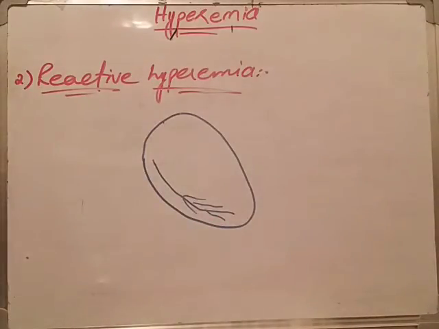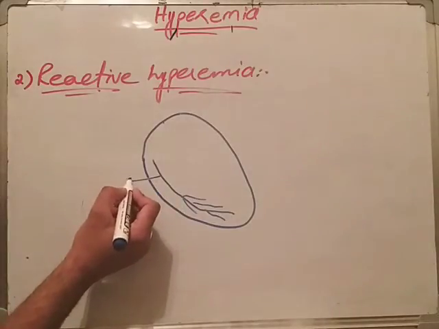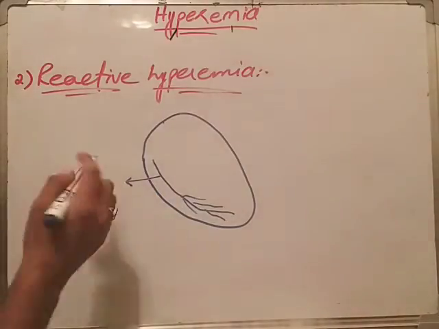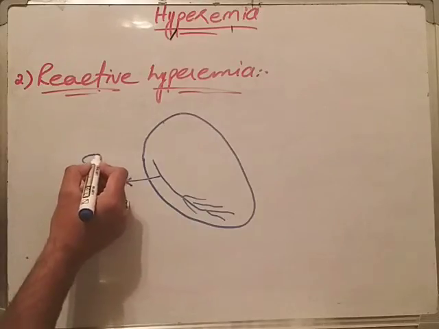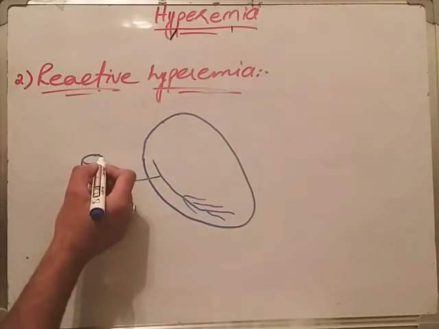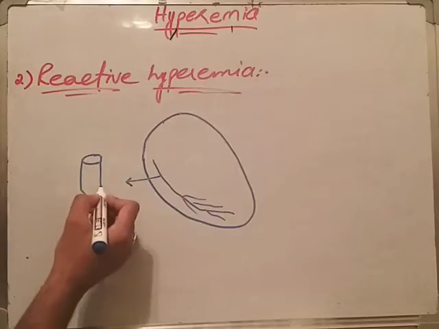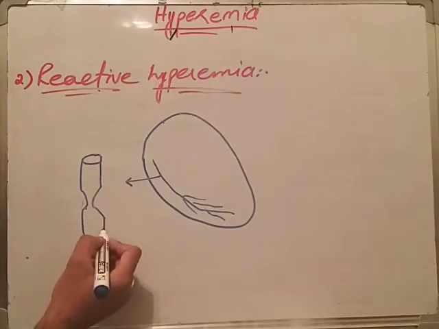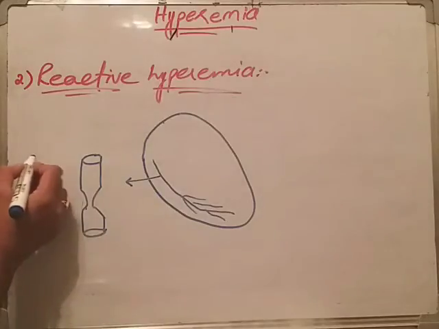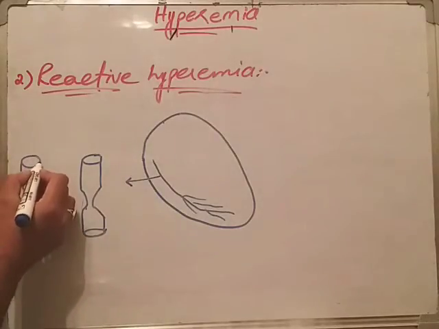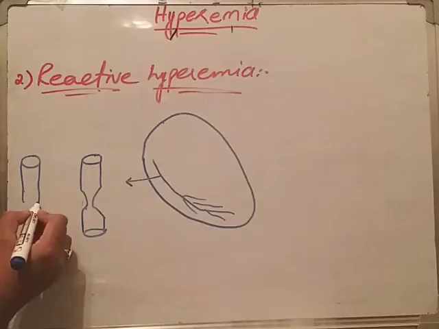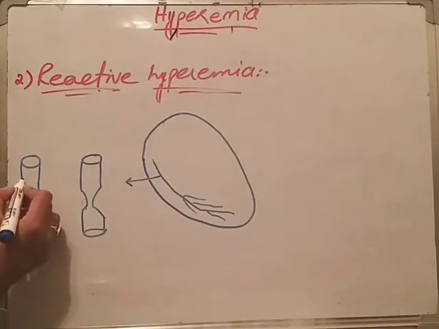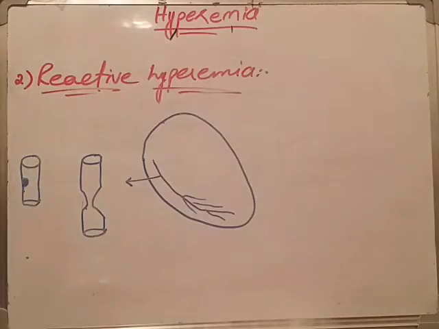So for example, here the coronary artery becomes spasmed or occluded, or due to some obstruction it becomes occluded for a period of time.